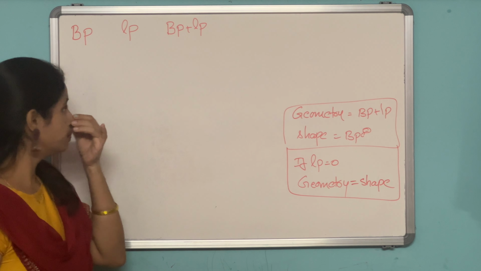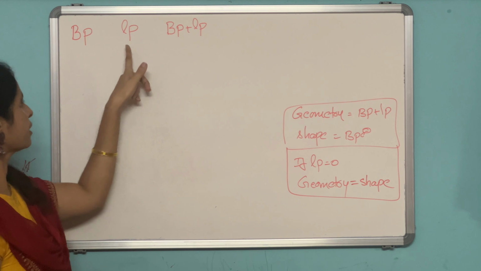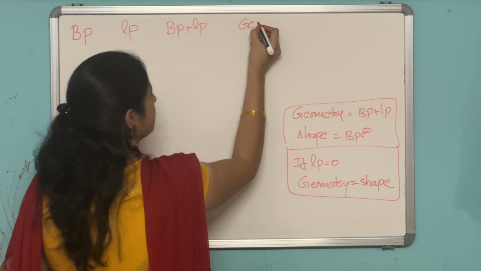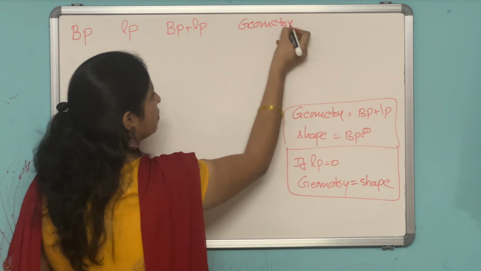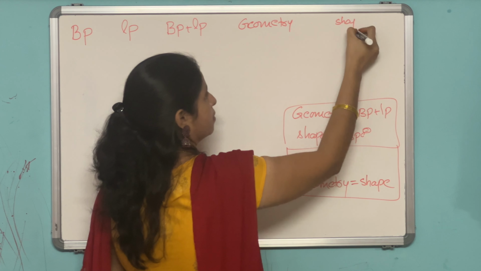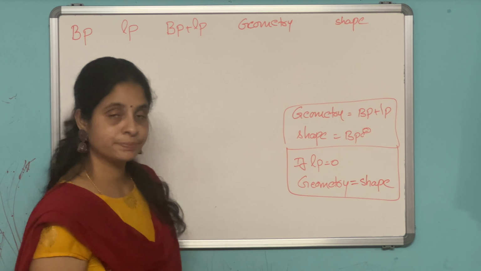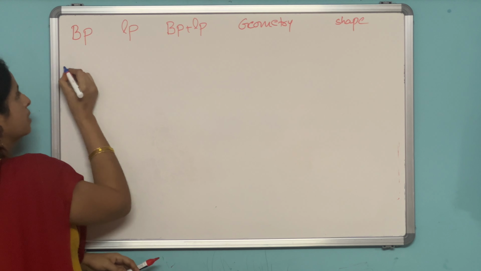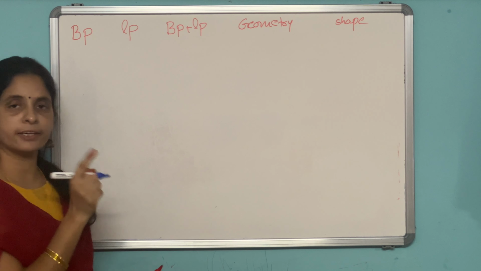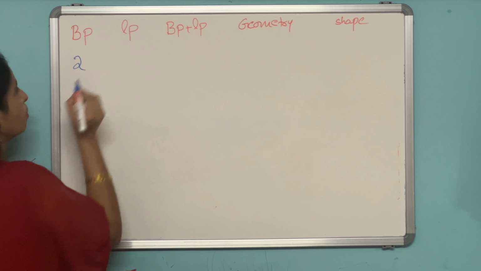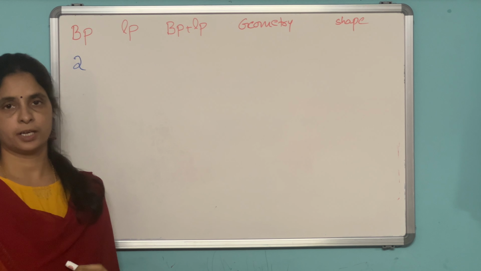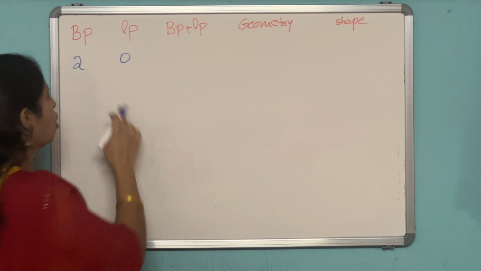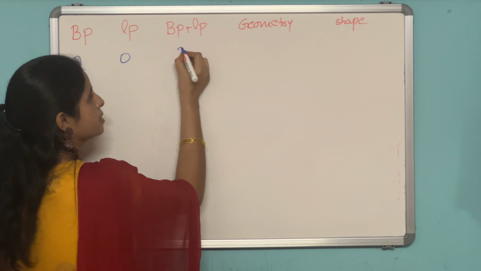Now the columns are: bond pairs of electrons, lone pairs of electrons, bond pairs plus lone pairs, then geometry, and the next column is shape. If 2 bond pairs of electrons are there, number of lone pairs is 0, and bond pairs plus lone pairs is equal to 2.